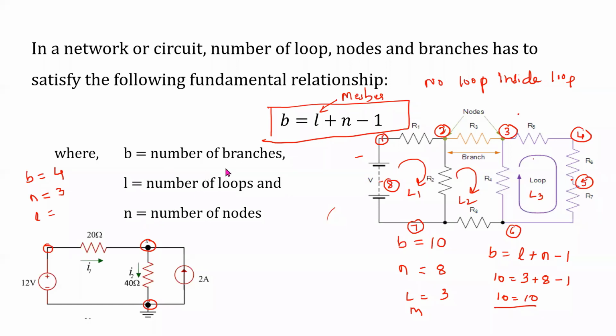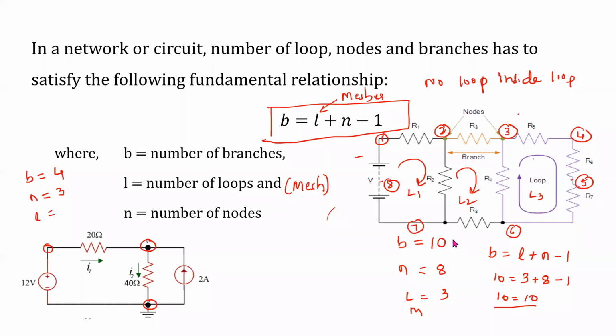In this formula, the number of loops is taken. A loop is any closed path where, other than the first node, none of the nodes should be repeated. Here, a loop means mesh should be considered. Mesh is the loop in which no other loops are available inside it.